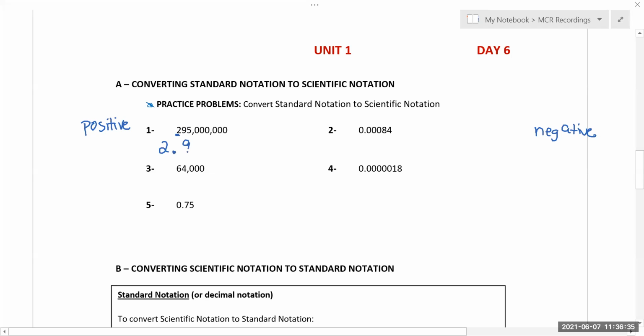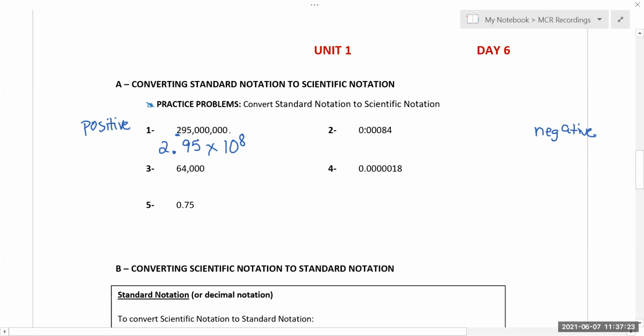Then I'm going to write all of the non-zero numbers until I get to all zeros. So this is just going to be 2.95. And then I'm going to count how many places I moved the decimal. So it was at the end. So I moved it 8 places. So it's going to be times 10 to the 8.